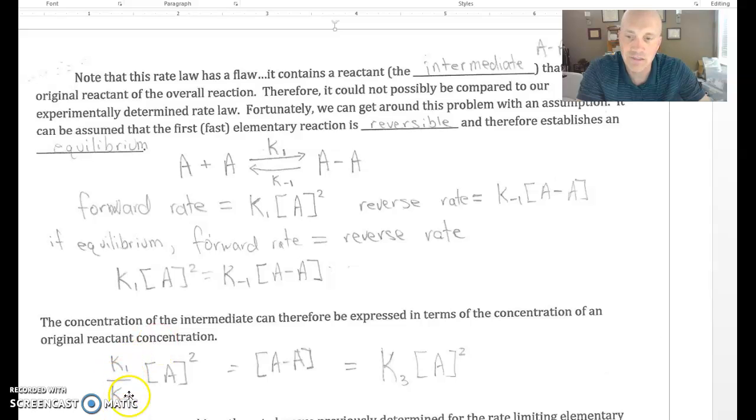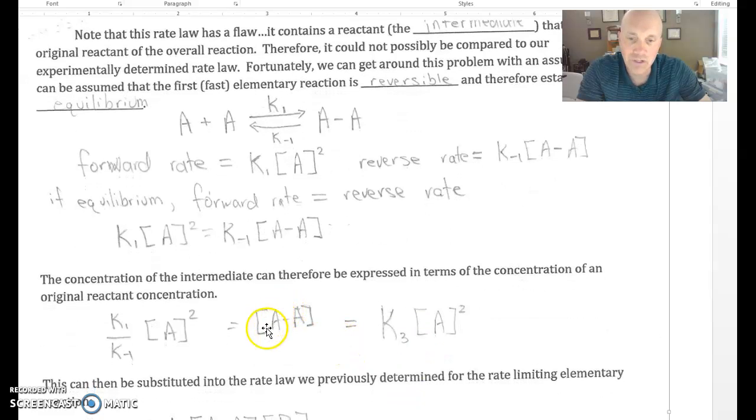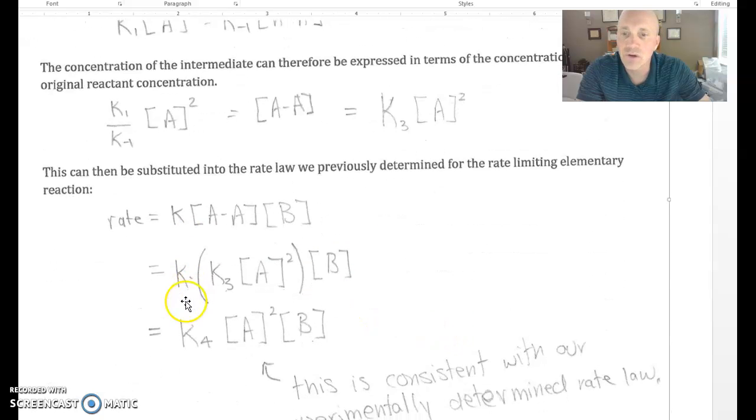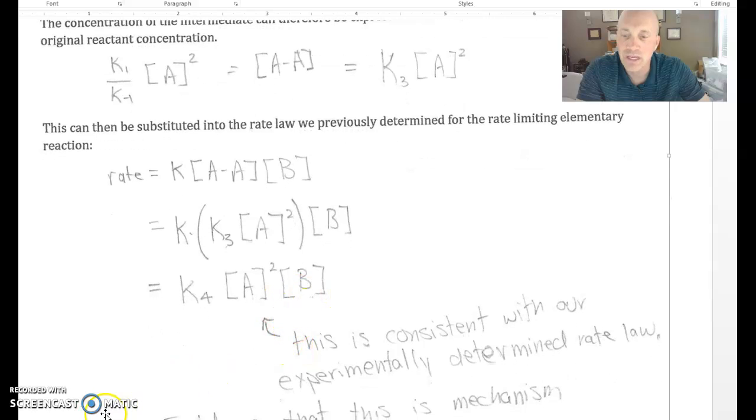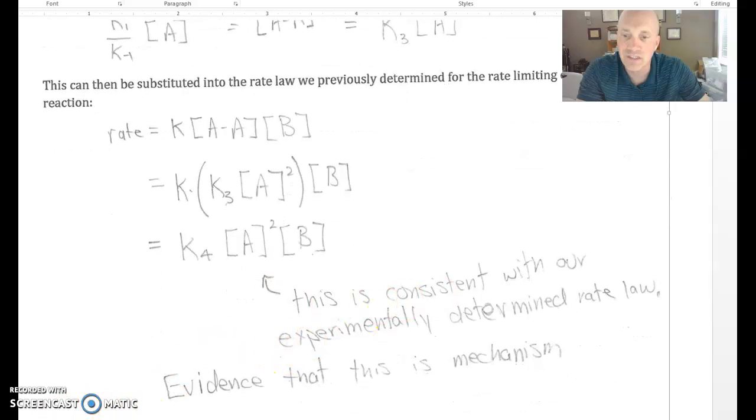And if you take a constant and you divide it by another constant, you get a constant. So we can show that the concentration of this equals this expression right here. Plugging that back in and doing the math, we can see that eventually we get the exact same rate law as what we had before, and that proves that this is the mechanism.